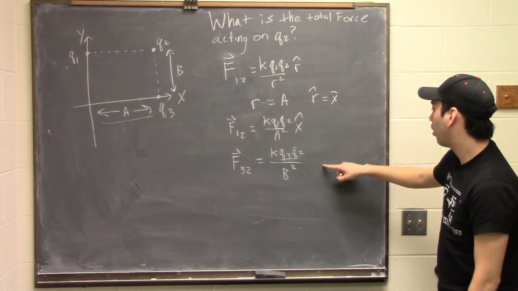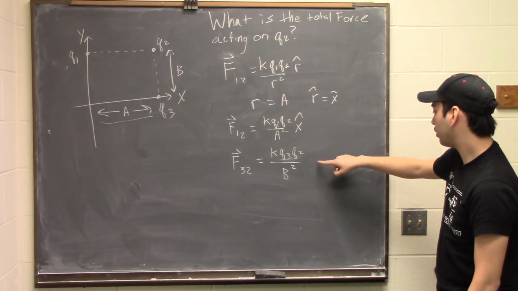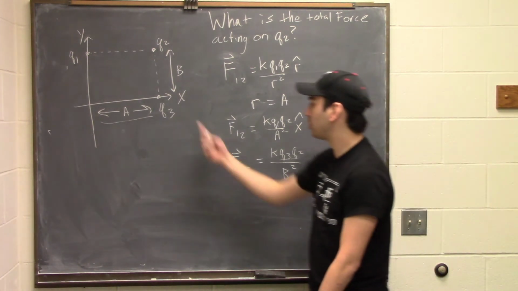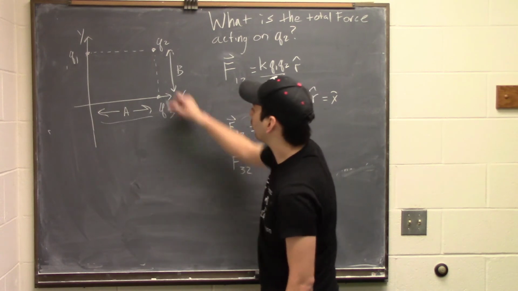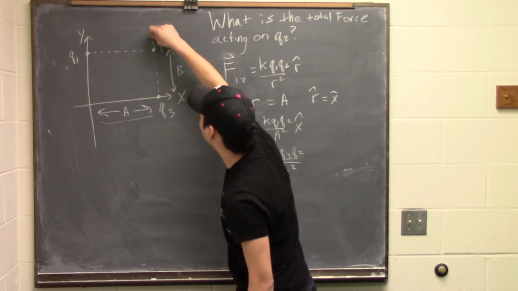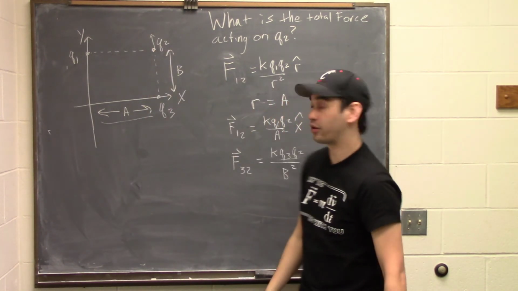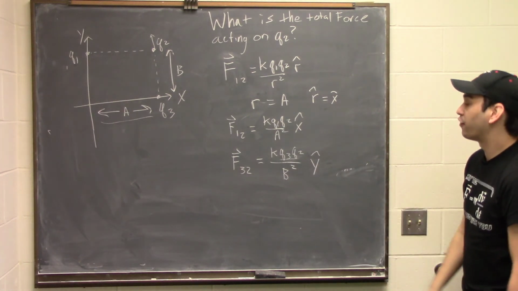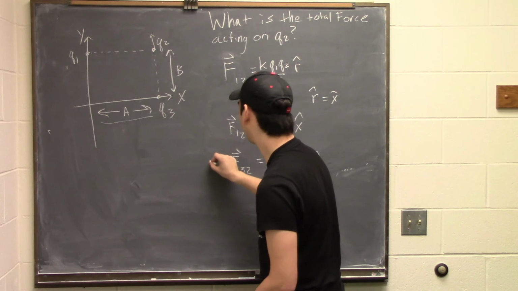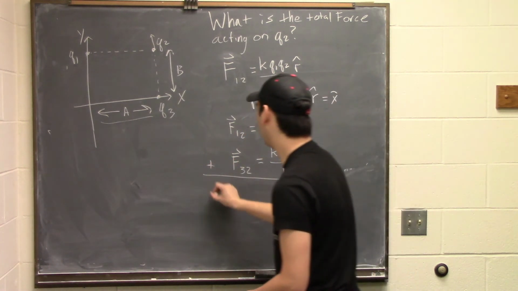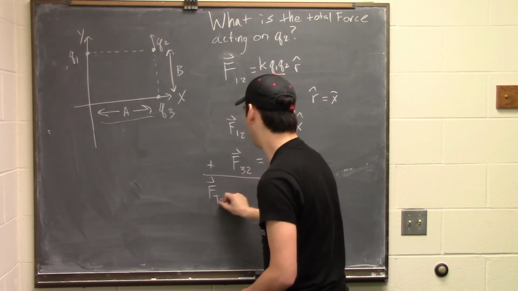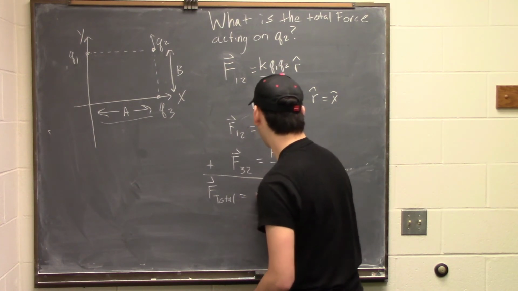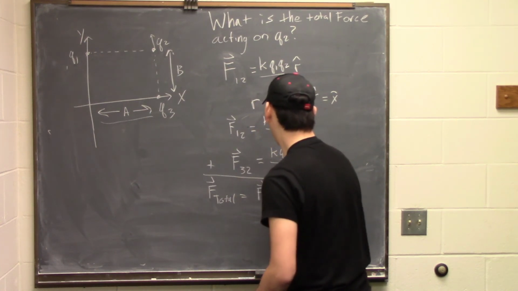And then we want to know what the unit vector is that points from Q3 to Q2. And so that unit vector, this points in this direction here, is the y direction. And so this is going to be y hat. Now to find what the total force is, we can just add these two together. So F total is going to be equal to F12 plus F32.